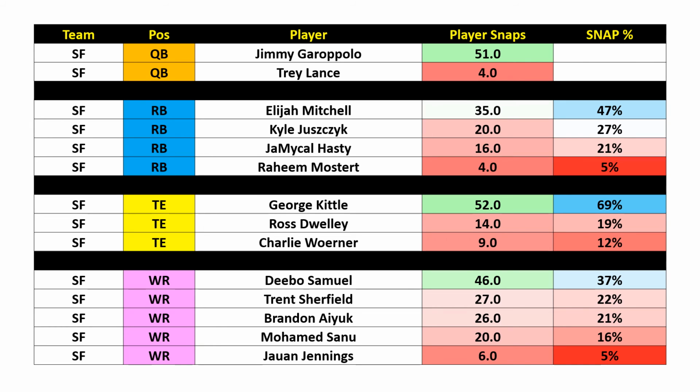Deebo really turned it on, and Aiyuk really sunk back in with the other ones here. So it looks like a strong 1A, strong 1, and then a 3A, B, and C. That's what I think you see. You don't even have a 2 here.